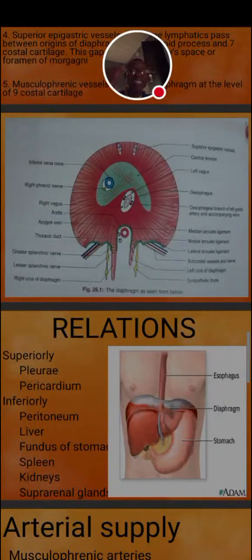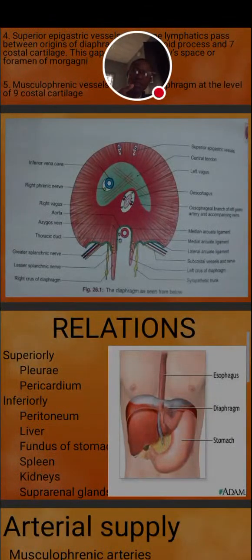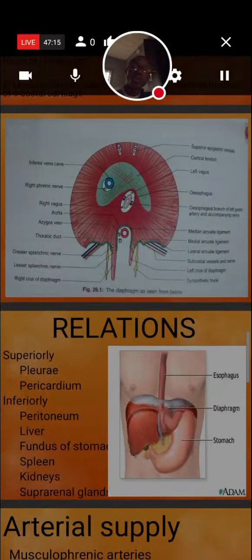That is, on the bodies and intervertebral discs of L1, L2, and L3. That's the right crus. Crus is spelled C-R-U-S. Now the left crus, you have it on the first and second lumbar vertebra.